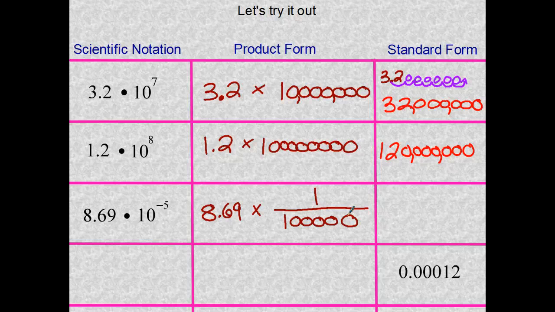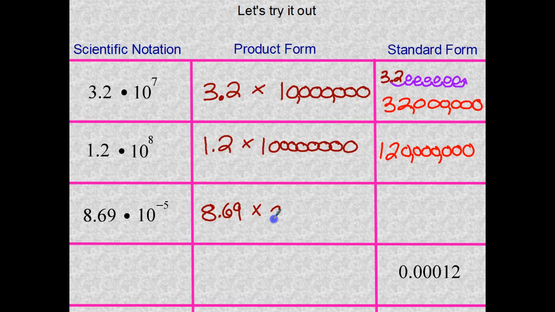Okay, I could take that as an answer, or if you want to put the fraction into decimal form, feel free to do that. You can have a decimal in there next to 8.69. Why don't I just do that for you, just so you know what I'm talking about. Okay, so 1, what is that? 1/100,000th as a decimal.